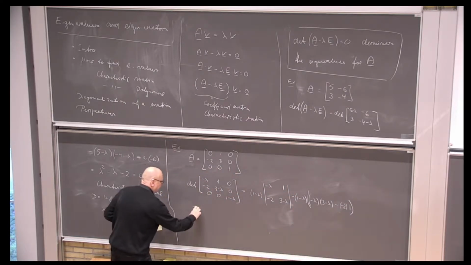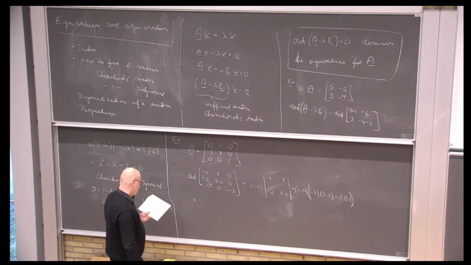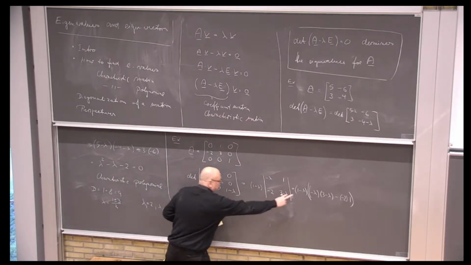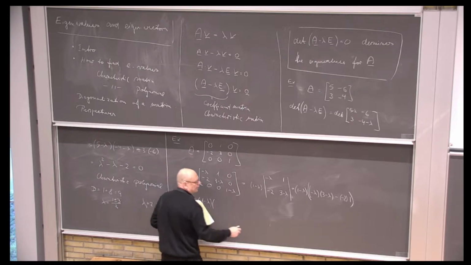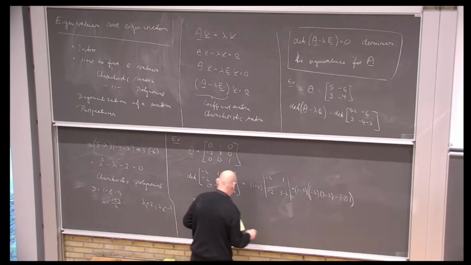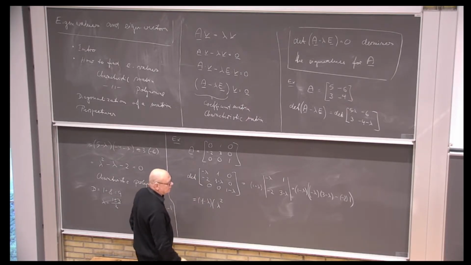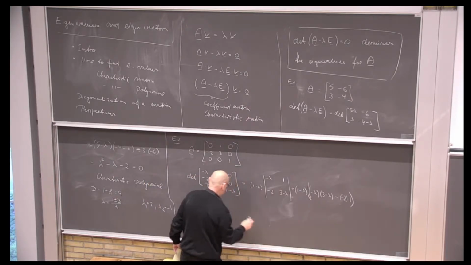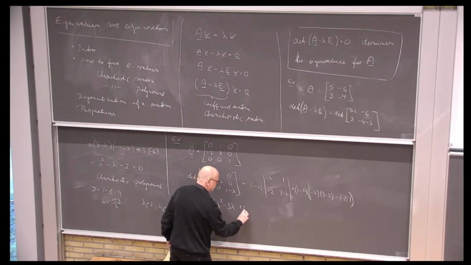And if I multiply this out, I keep this first factor here, and then here I get lambda squared, and I get -3 lambda, and then +2.